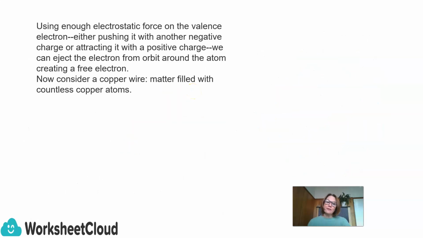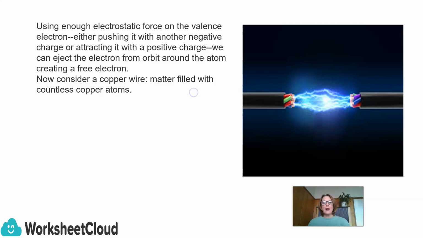So using enough electrostatic force on the valence electron, the outside circle of the atom, either pushing it with another negative charge or attracting it with a positive charge, we can eject the electron from orbit around the atom, creating a free electron. Now consider a copper wire. A copper wire is just matter. Everything is made up of matter, and this matter is filled with countless copper atoms.